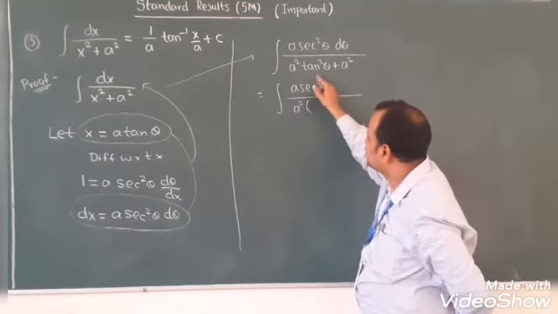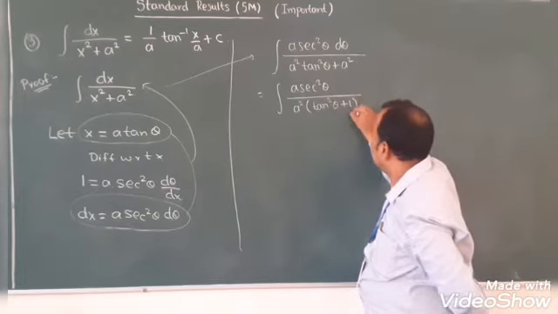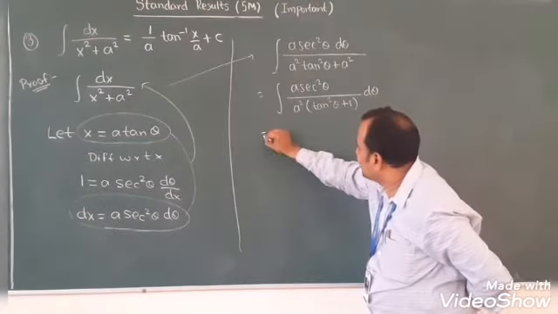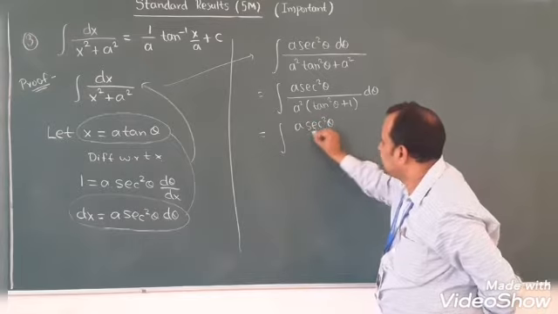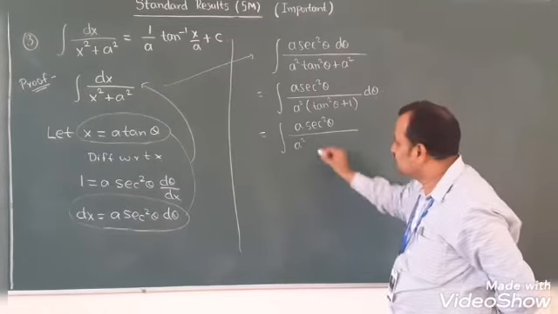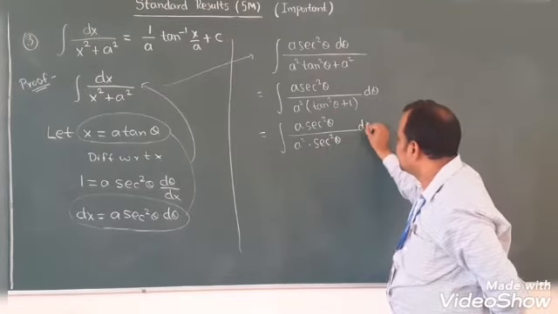So what is left here? Tan square theta plus 1, d theta. Now we can write this as a into secant square theta divided by a square into, tan square theta plus 1 is nothing but secant square theta, d theta.